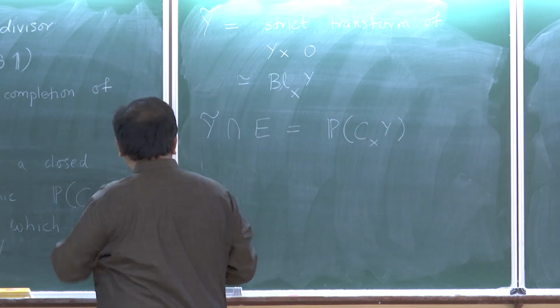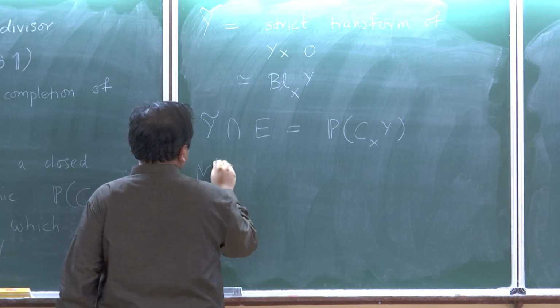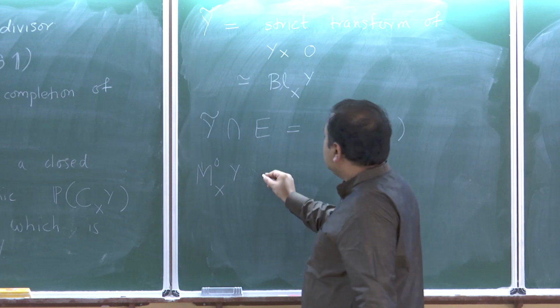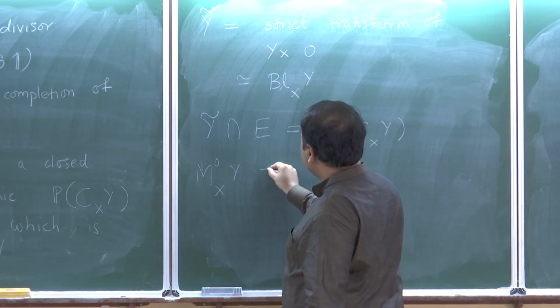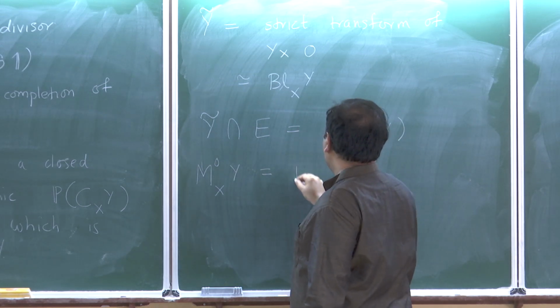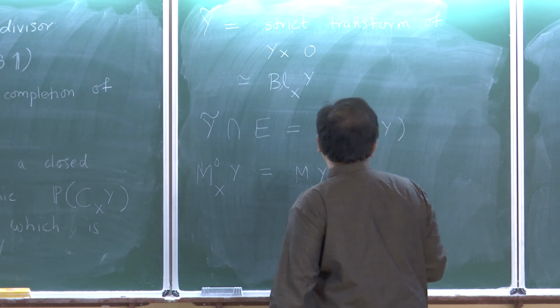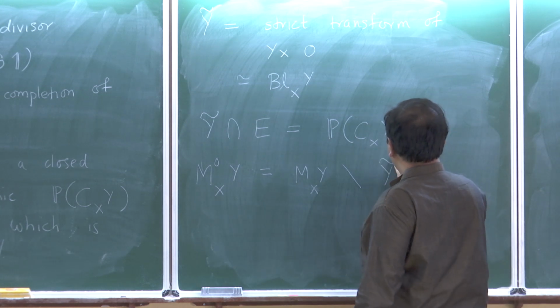And so what we do is we define M. This is something I didn't write last time, but I put a superscript 0 up here. So M^0_XY is equal to M_XY minus Y tilde.